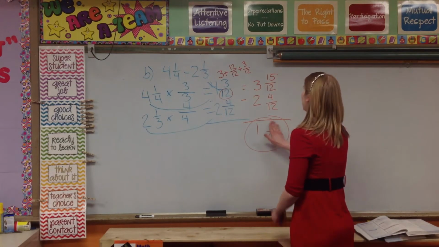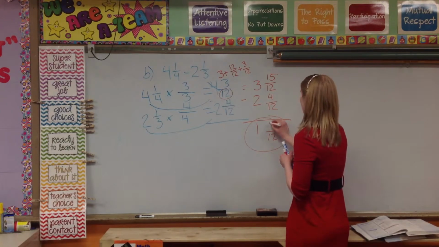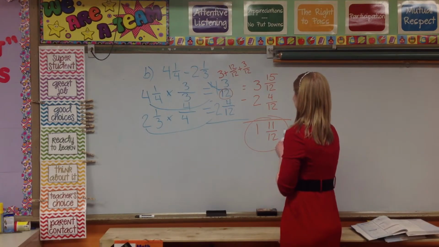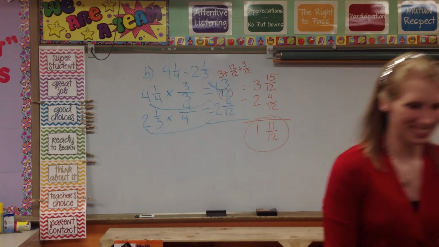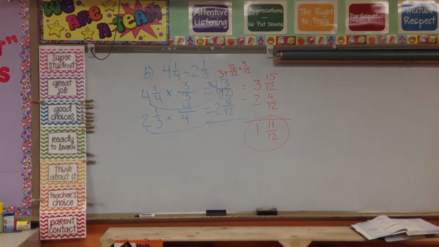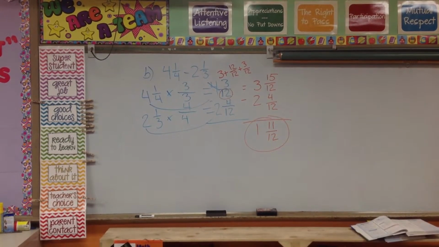That's 11. Sorry guys, wrong math. Even teachers mess up. So now 15 minus 4 is 11. So it's 1 11/12. Again, I apologize.